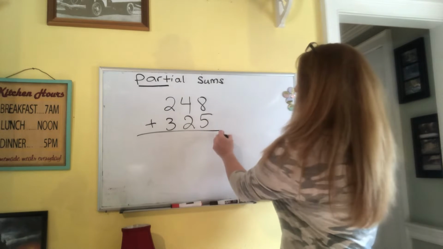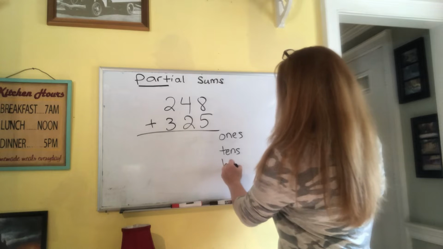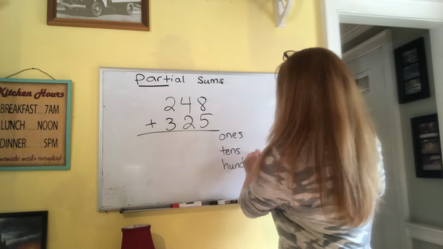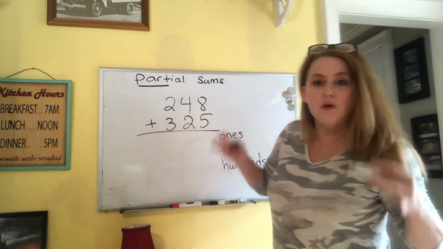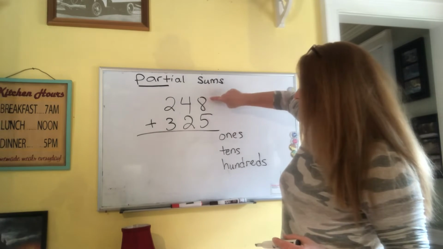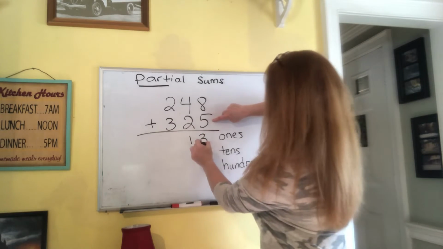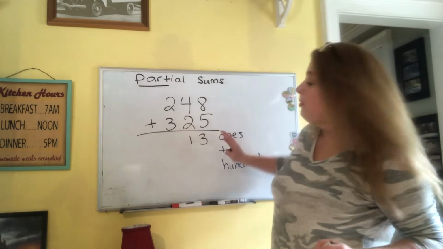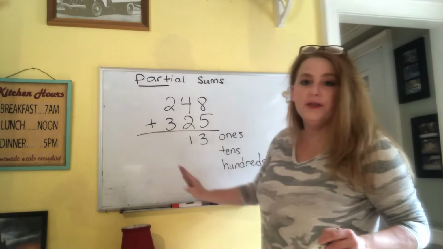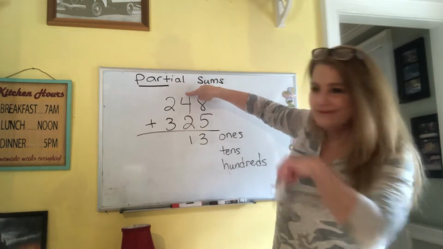We will have 3 parts, the ones, the tens, and the hundreds before we put them all together. So let's take a look at the ones. We have 8 plus 5, and that is 13. For partial sums, you do write the whole thing going across. We're not going to regroup that 1 into the tens yet.